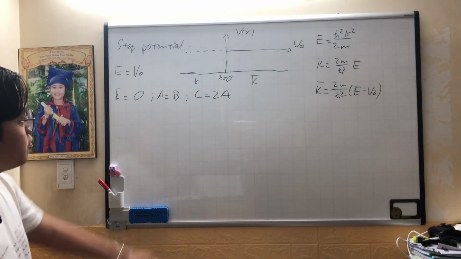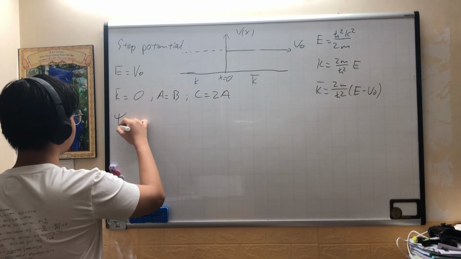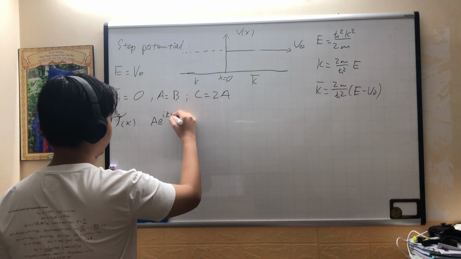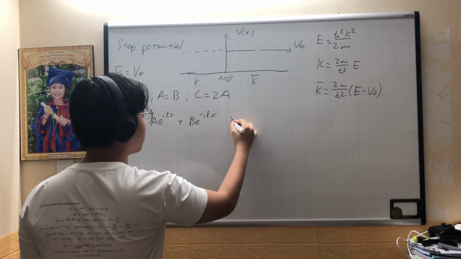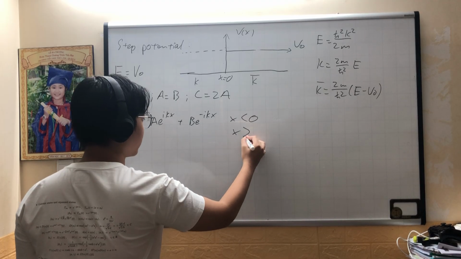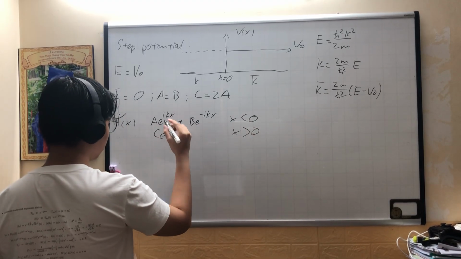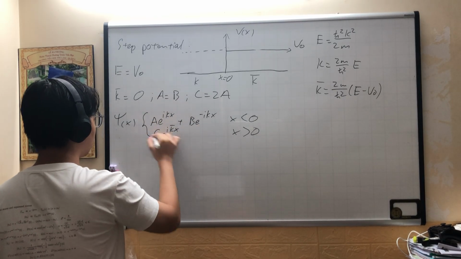So how would that make your wave function look? Quick reminder: your wave function is A e to the ikx plus B e to the minus ikx when x is less than 0, and when x is greater than 0, it equals C e to the ik tilde x.